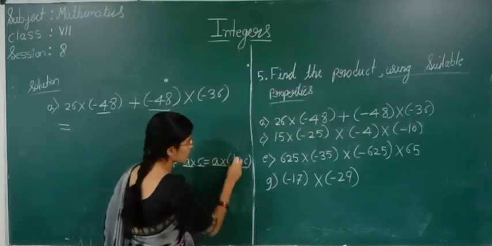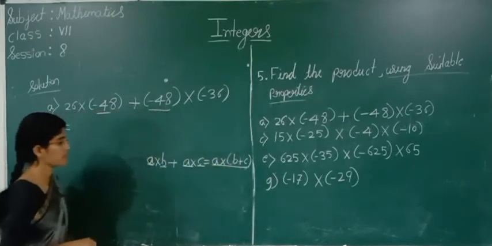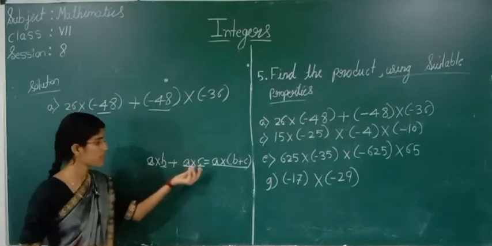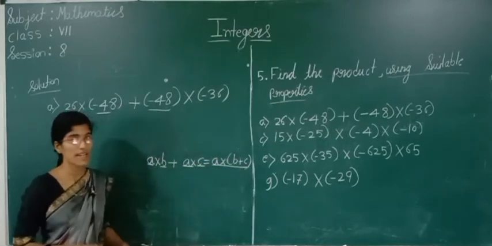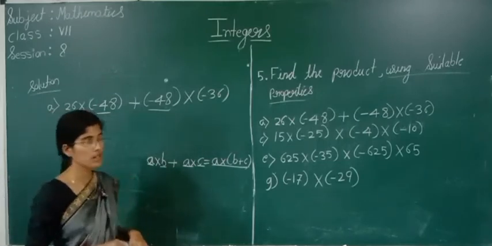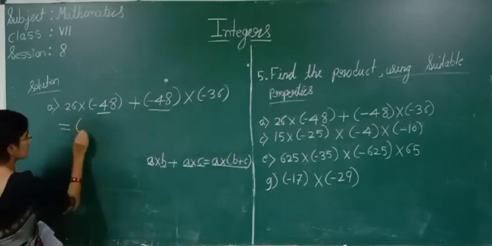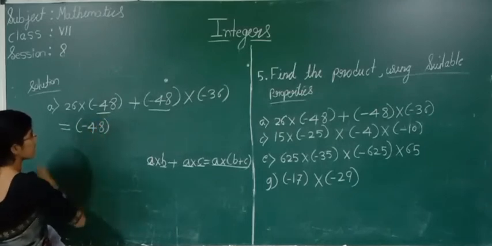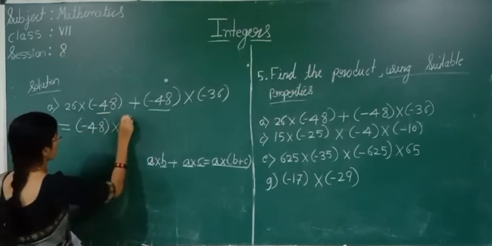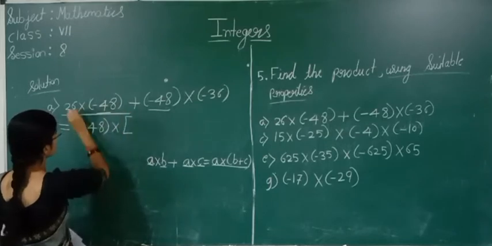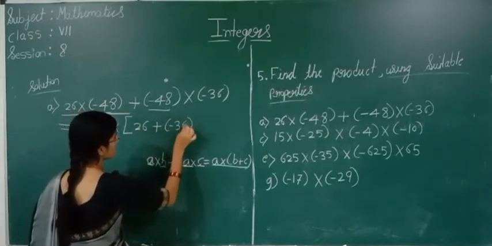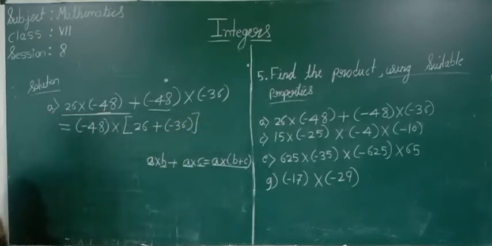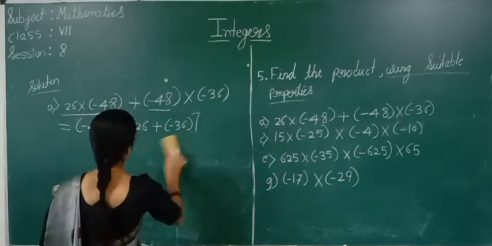A into, in brackets, B plus C. Whatever is common here, we take A, and the remaining things we write in the bracket. This is nothing but the distributivity property. What is that? See here, minus 48 multiplied by 26 plus minus 36. Okay, using the distributivity property we have written this.